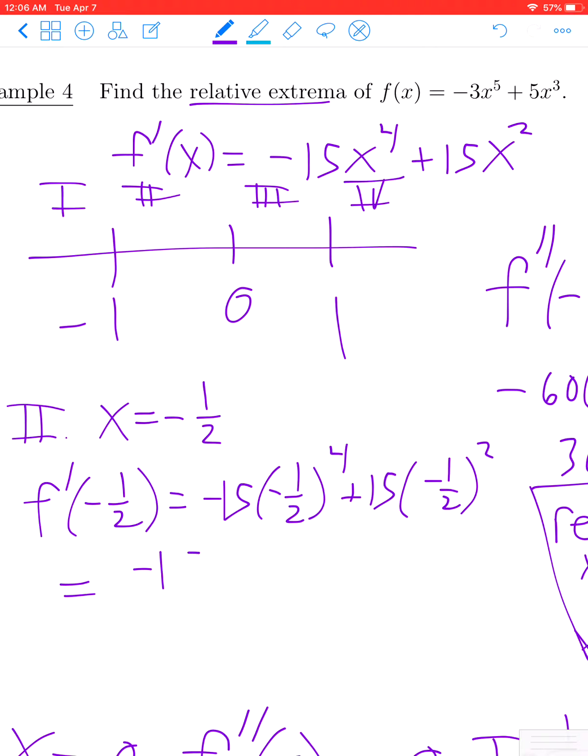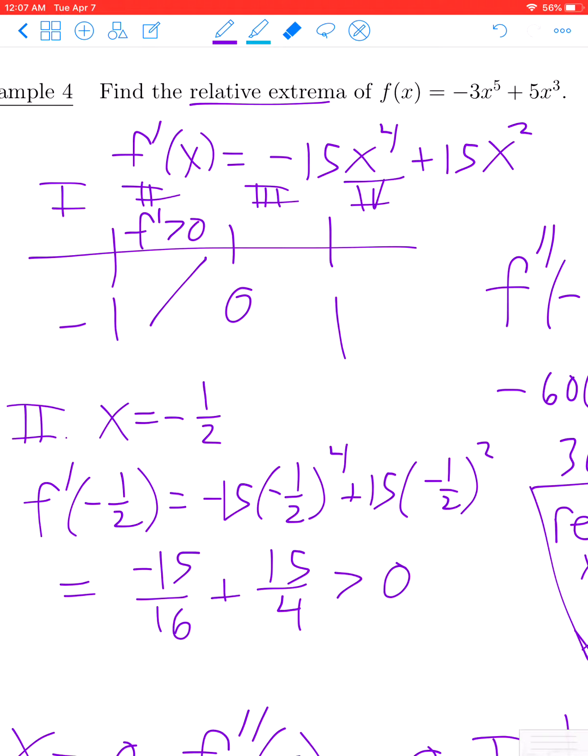This is going to be equal to negative 15 sixteenths plus 15 fourths. And if you get common denominators, you'll see that this value is going to be positive. So to the left of 0, f prime is positive, which means that the function is increasing to the left of 0.